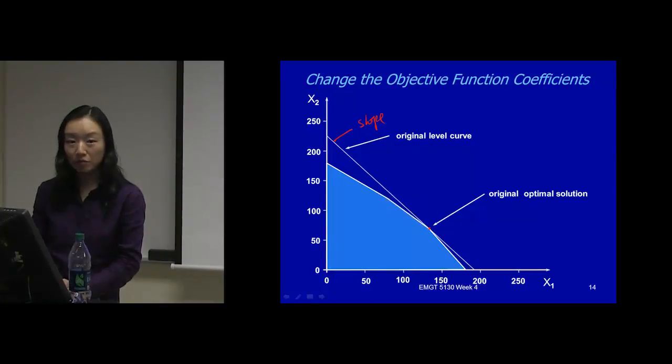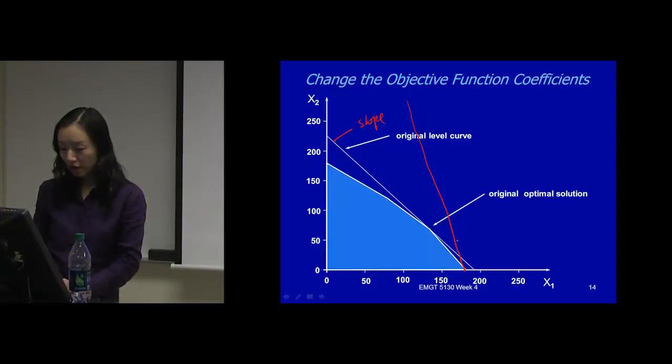This is the current optimal solution, and that's because of this slope. If the slope changes to something like this, then the optimal solution is which point? This bottom corner point, right?